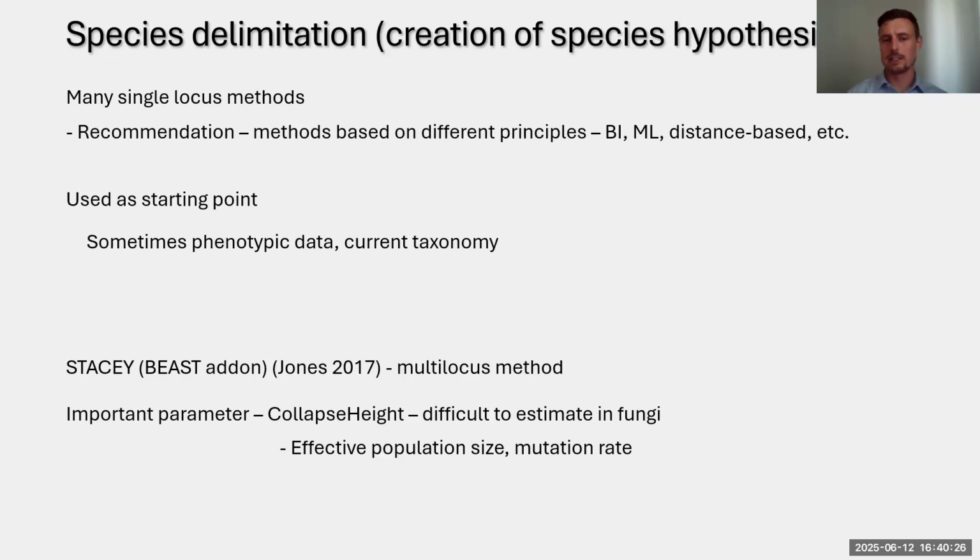But this one parameter is really important to set correctly, and it's difficult to come up with meaningful values. Again, it's more difficult in fungi because this parameter is based on the effective population size of your species and on the mutation rate. I guess it's possible to come up with some meaningful values even in fungi, but it's difficult.